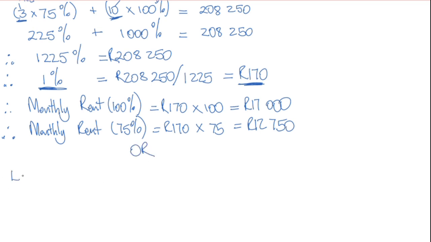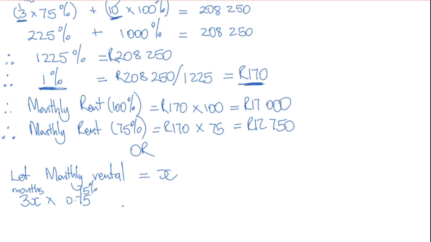You can simply solve for x by saying let the monthly rental be x, and then you can say 3x multiplied by 0.75, because we've got 3 months multiplied by the normal monthly rental multiplied by 0.75, because that's 75%, plus 10x multiplied by 1. 10 because it's 10 months.